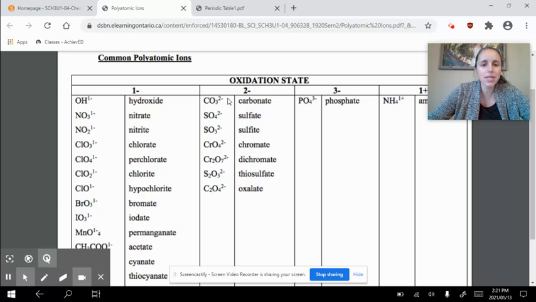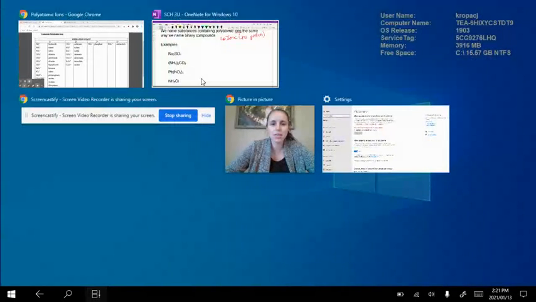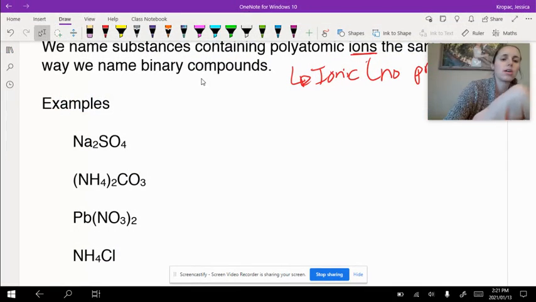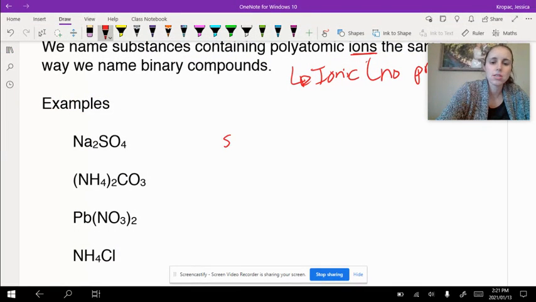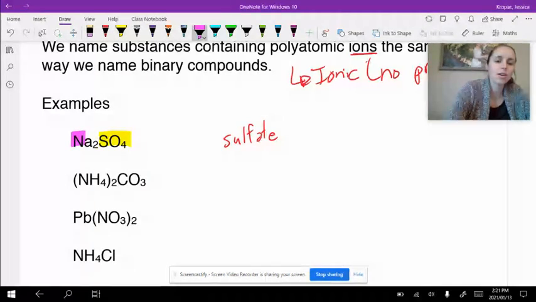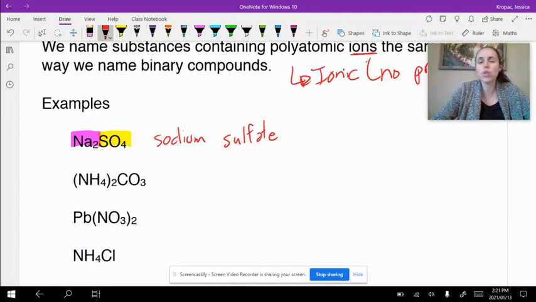So instead of saying SO4, I'm going to say sulfate. My other part, Na, we know as sodium. So I've got Na sodium and SO4 sulfate.